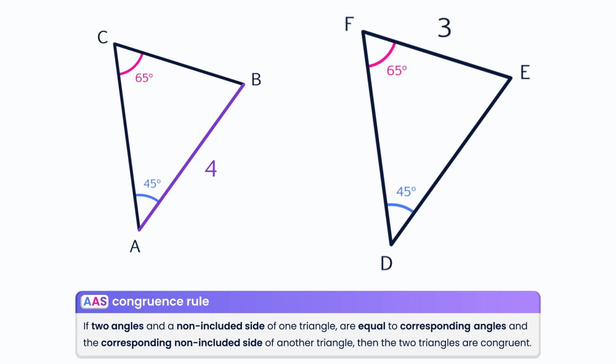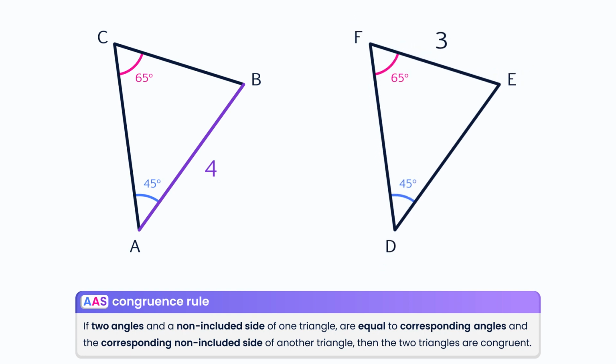In triangle DEF, you are missing the corresponding information about side DE, even though you have information about the other non-included side, EF. In this case, you cannot use the AAS congruence rule. You always need the exact corresponding sides and angles in the two triangles to determine congruence.